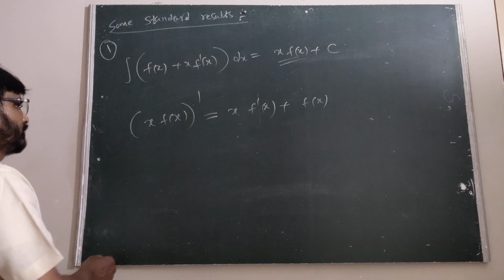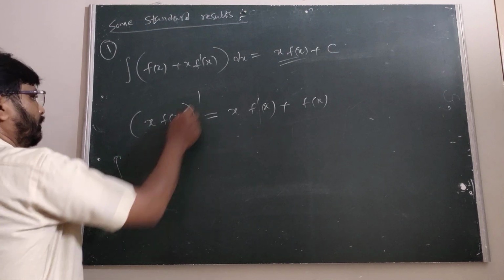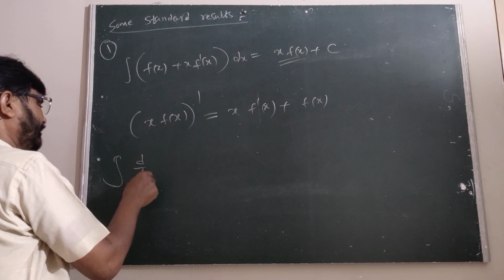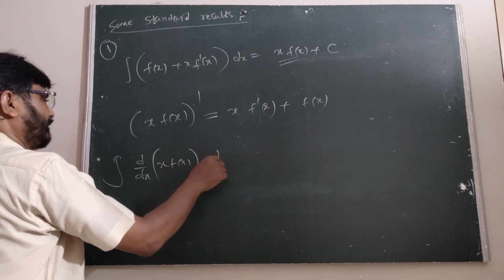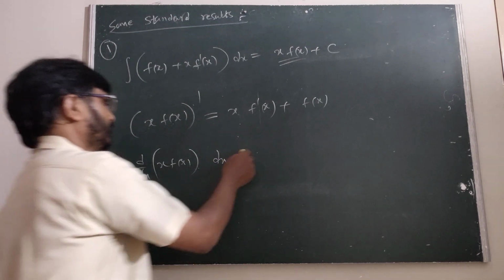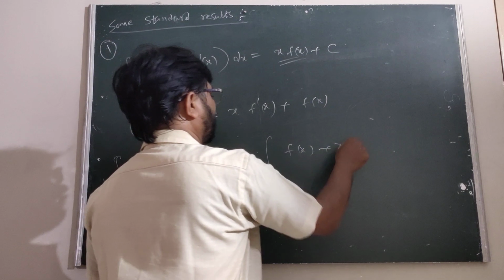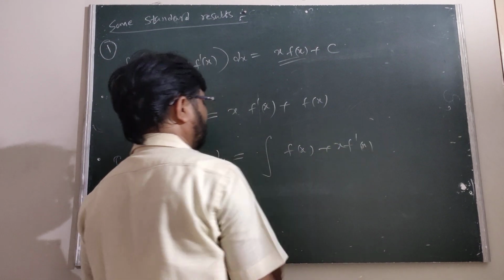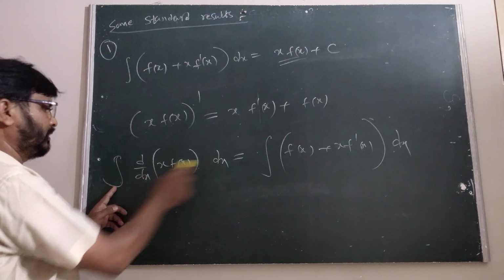Now applying the integral on both sides. Dash means d by dx of x into f of x. We take the integral with respect to x, integral dx, here also f of x plus x into f dash of x whole dx.